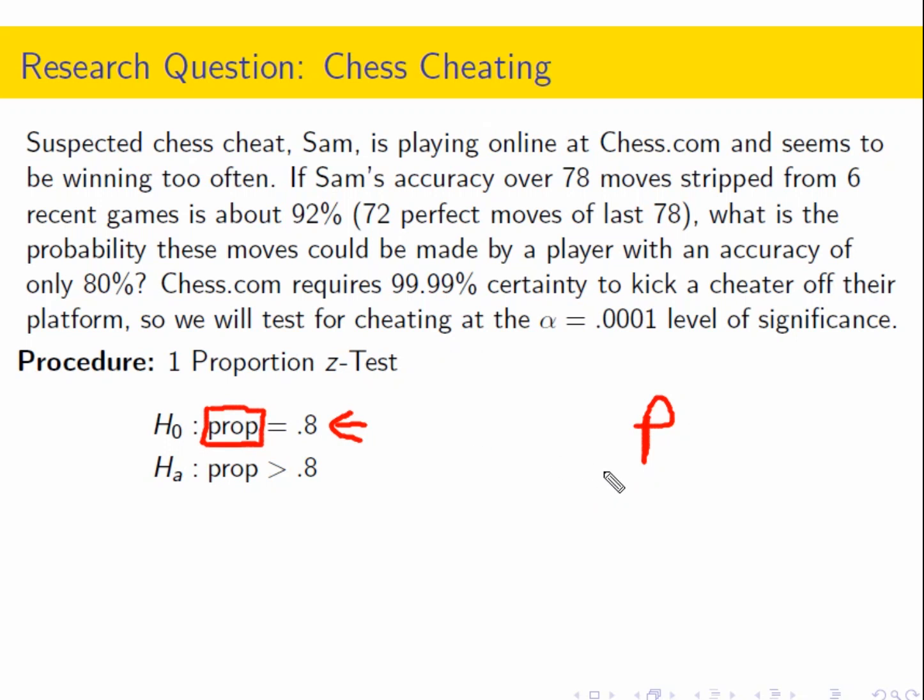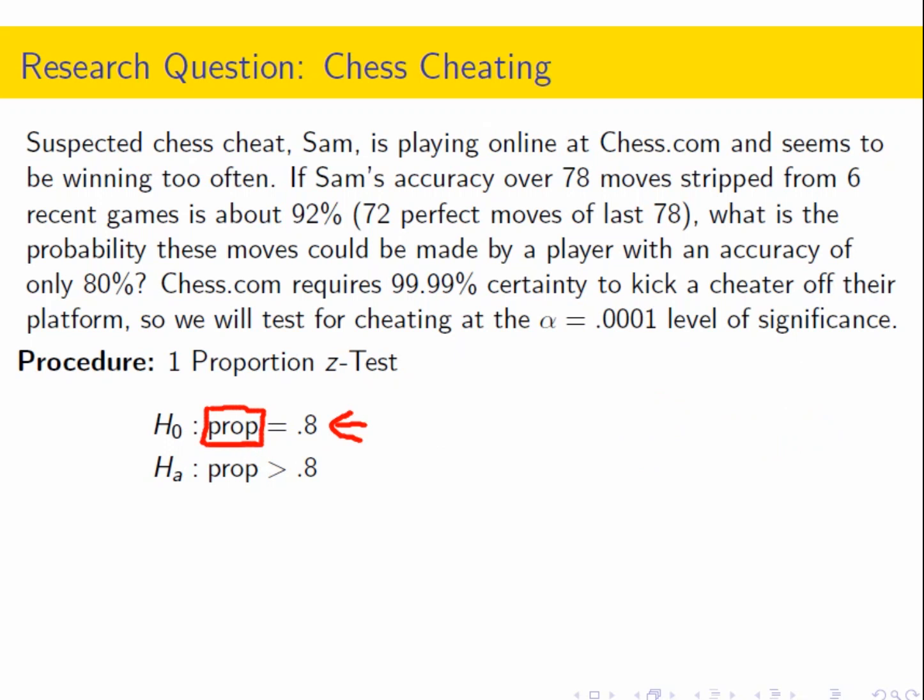So we don't want to use p. Interestingly, there are some stats textbooks that use the Greek letter pi for this proportion, right? We want to have something to represent that. Not a fan personally of either one, especially not the p, but that's why I'm using prop.